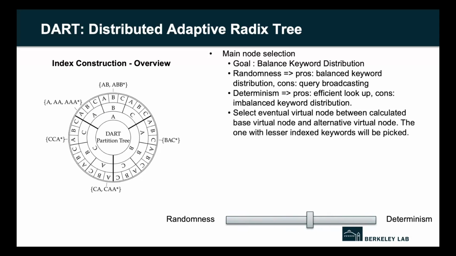So here we strike a balance by selecting the eventual virtual node between the calculated base virtual node and an alternative virtual node.